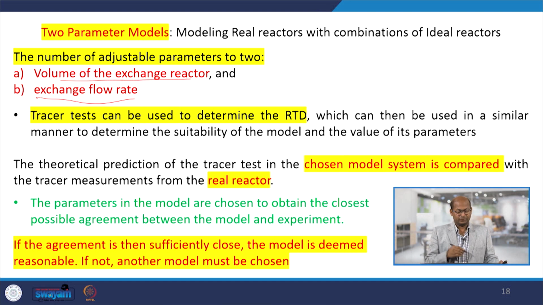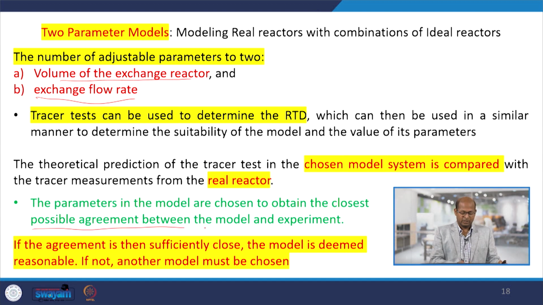Also, the theoretical prediction of the tracer test in the chosen model systems is compared with the tracer measurements from the real reactors. The parameters in the model are chosen to obtain the closest possible agreement between the model and the experiment.